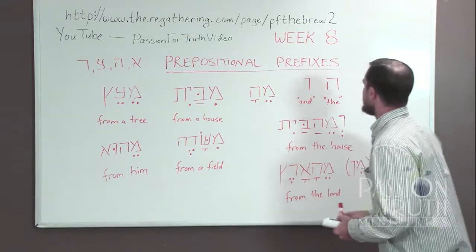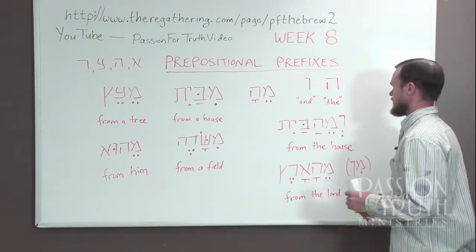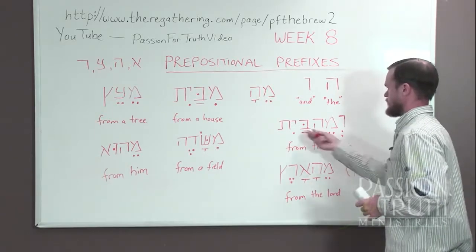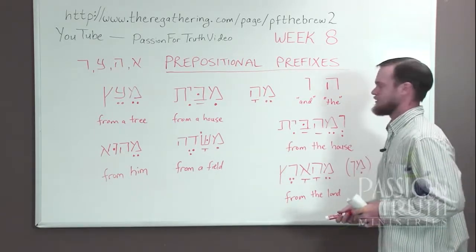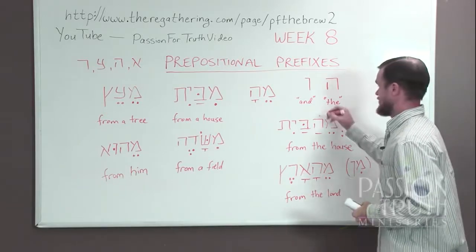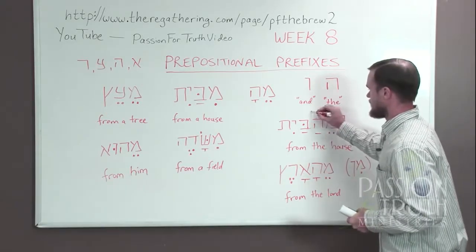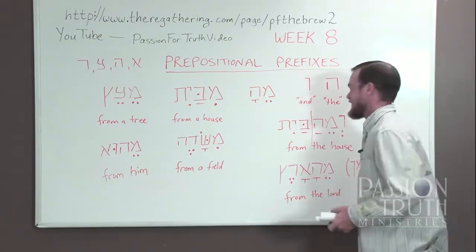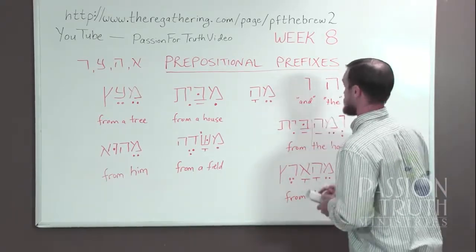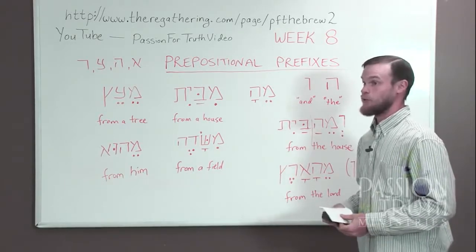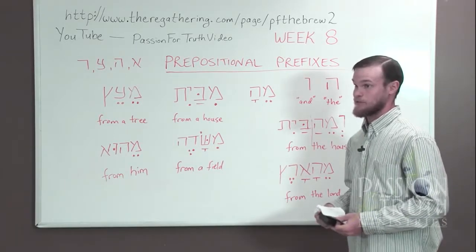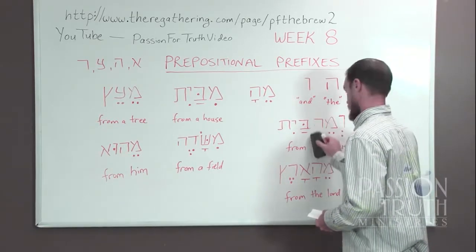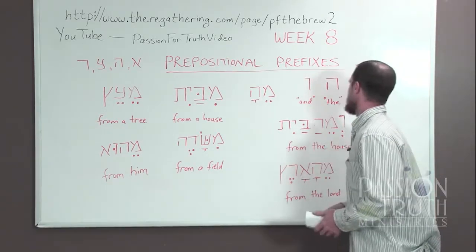Now, you'll notice that how many of these letters actually belong to the noun that we're talking about? House is the last half of the word. And then, when you add suffixes to it, you can reach a point where there are more letters in the prefixes and suffixes than in the actual word that you're talking about.